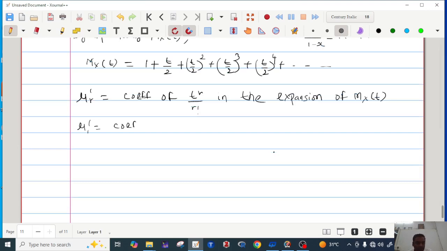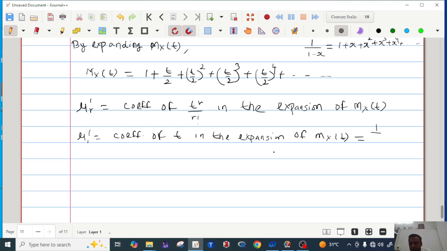This is the coefficient of t in the expansion of M_X(t). What you will get? The coefficient of t here is 1 upon 2. Similarly, you can obtain mu2 dash, which is equal to the coefficient of t square upon 2 factorial. 2 factorial is nothing but 2.